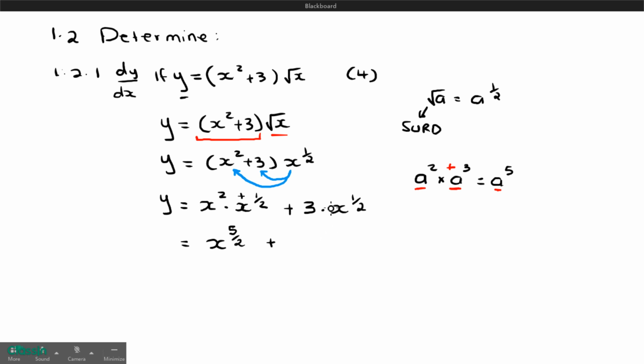Plus, now when we come to this one, we don't have the same base. But because we are multiplying, it means that this is the same as 3x to the power 1 over 2.